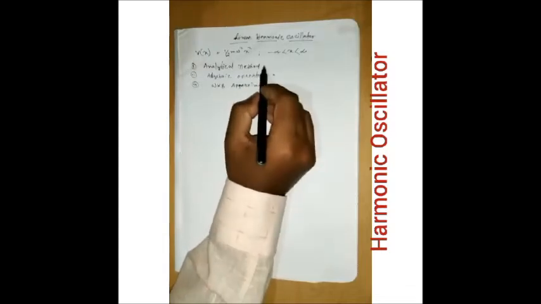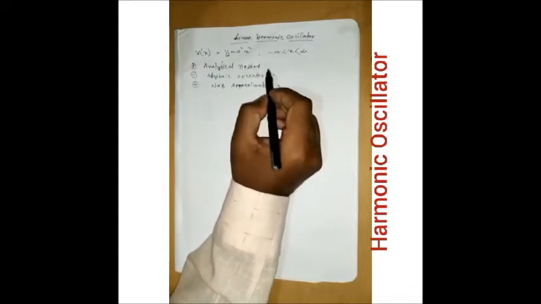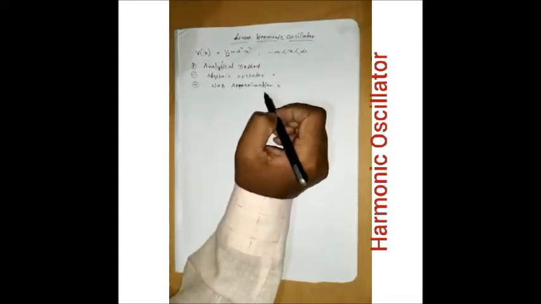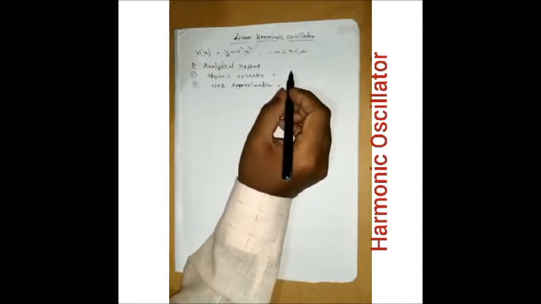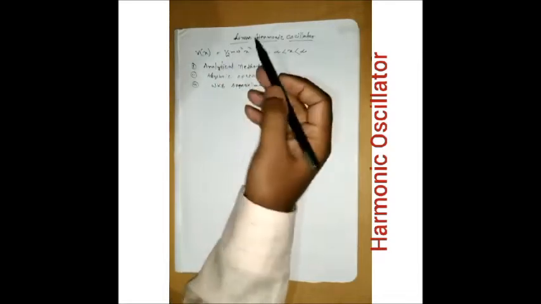But we are not going into how to solve this using the analytical, algebraic operator or WKB method. If you want, I can give you the detailed solution, but our discussion is based on the application of the harmonic oscillator.